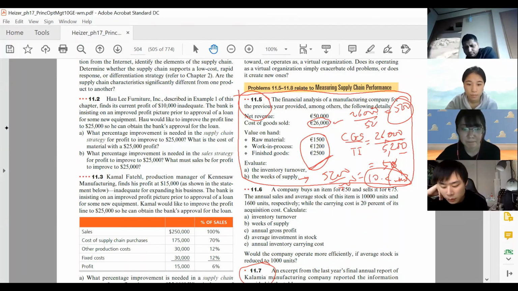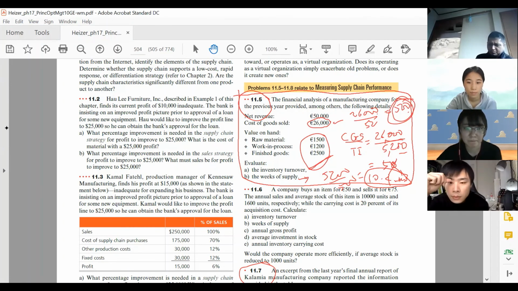The weeks of supply uses the weekly cost of goods sold, which is 26,000 divided by 52 weeks, you get 500. And the weeks of supply is 5,200 divided by 500, which is 10.4 weeks.